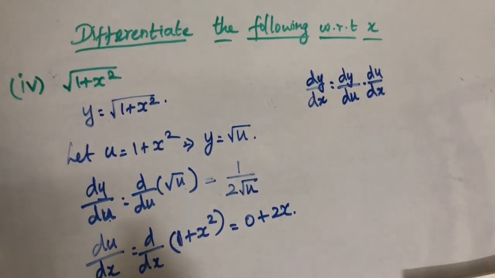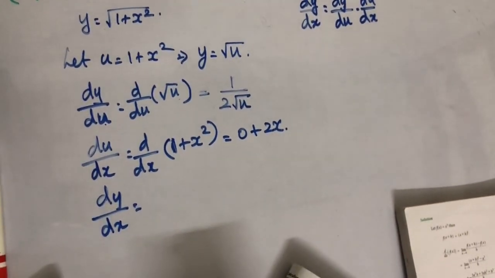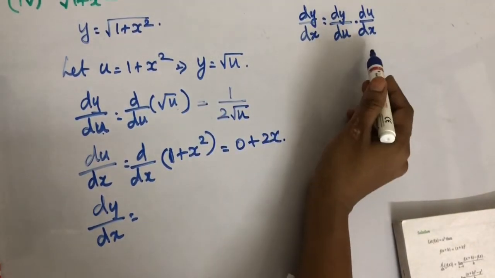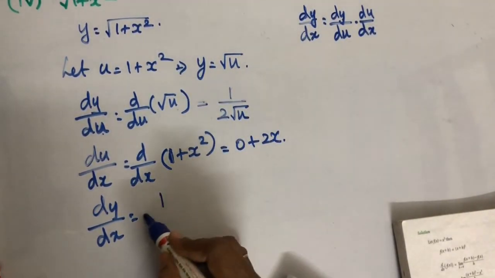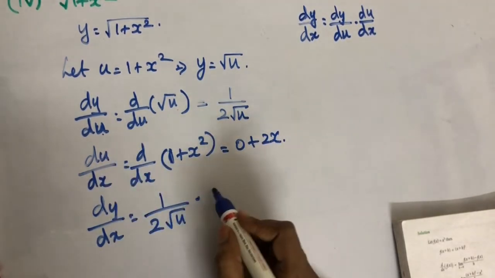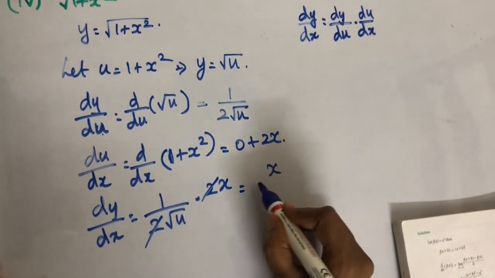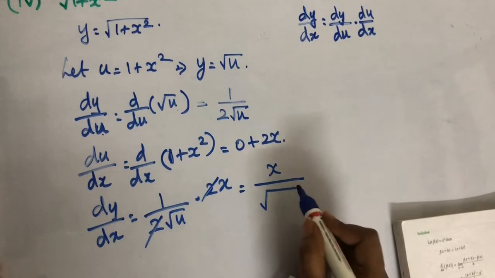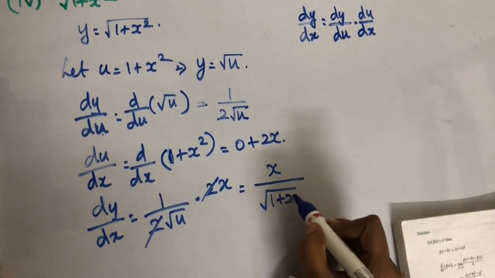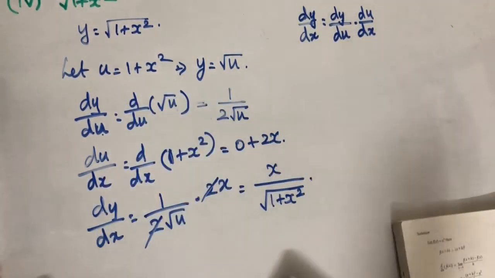So, dy by dx is equal to dy by du into du by dx. dy by du is 1 divided by 2 root of u into du by dx, that is 2x. 2 and 2 will get cancelled, that is x divided by square root of, what is our u? 1 plus x square. So, x divided by square root of 1 plus x square is the differentiation of square root of 1 plus x square.